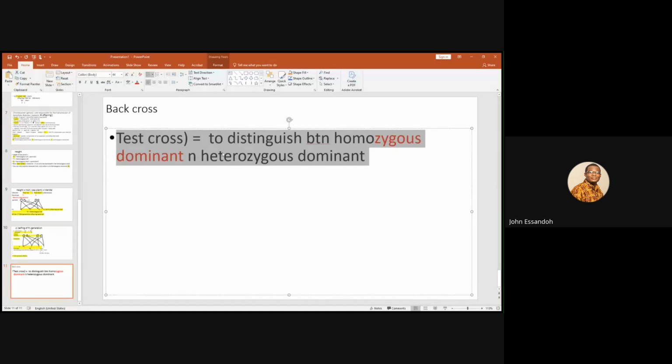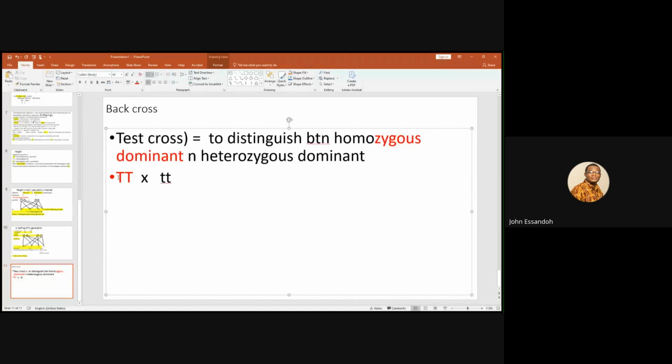So this test cross will distinguish between homozygous dominant and heterozygous dominant. Let's see how it looks. So you cross this one with this. This is homozygous dominant, right?